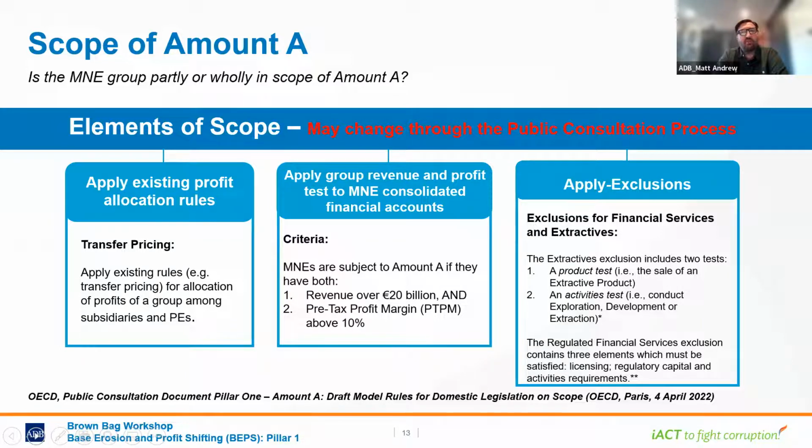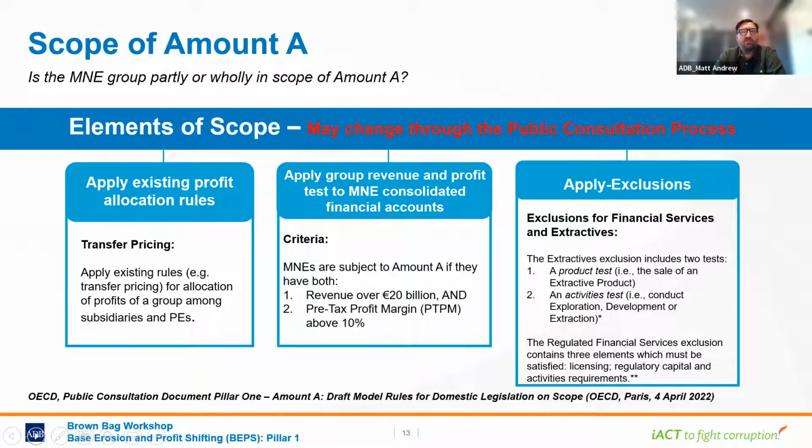These rules also have business reorganization rules, and they also have an anti-fragmentation rule in the public consultation document. And the anti-fragmentation rule is an anti-abuse provision that the Secretariat is considering where there's been an internal fragmentation or restructure which potentially will reduce the threshold so that multinationals are not in scope and are actually below the revenue threshold.